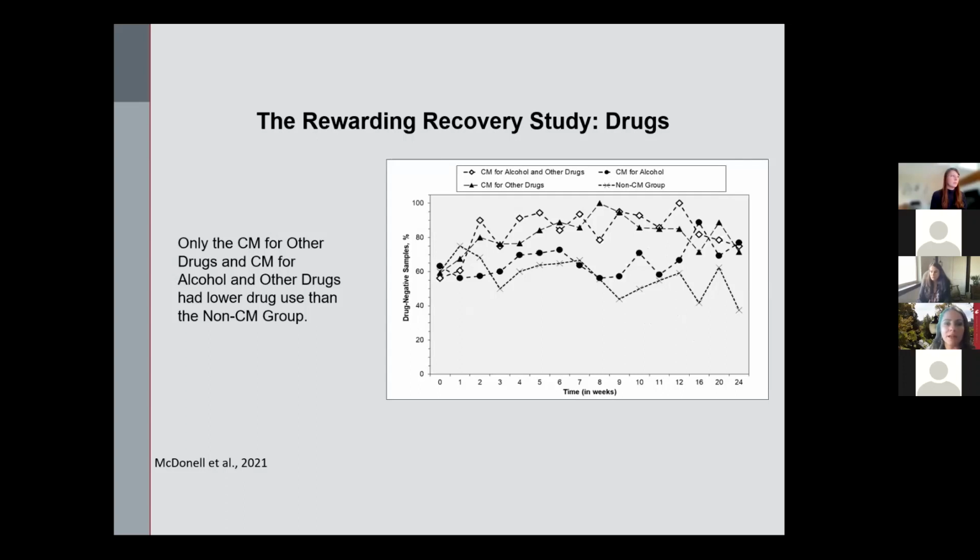And then looking at drug use, only the CM for other drugs and CM for alcohol and other drugs had lower drug use. So basically what these squiggly lines are saying is that those that were being reinforced just for alcohol and those that were in the control condition did not reduce their drug use.